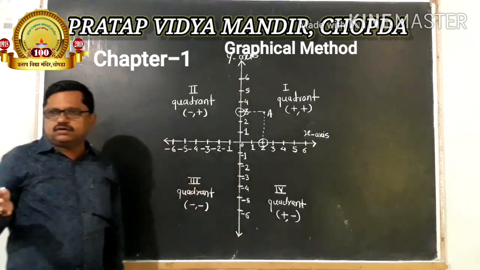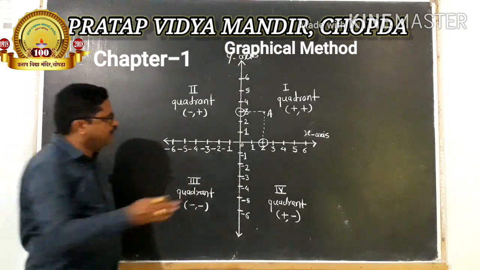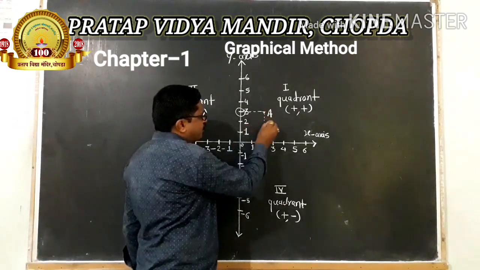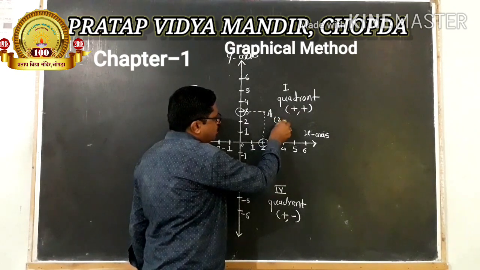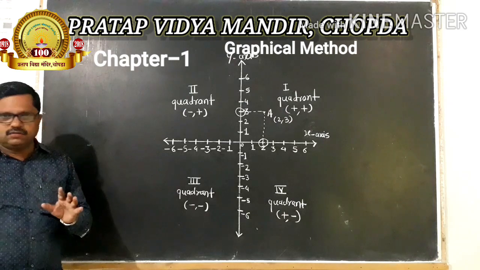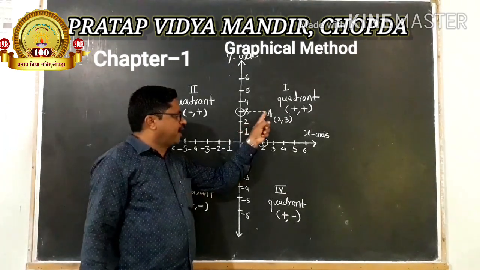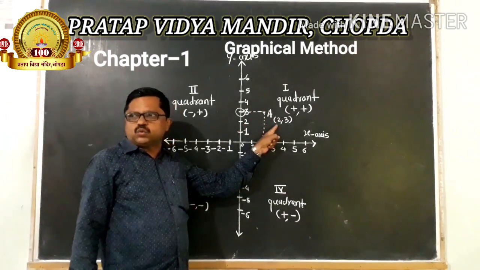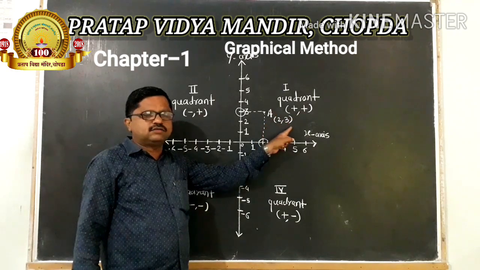What is the x coordinate? What is the y coordinate? For this particular point A, the coordinates are 2, 3. Means for point A, the x coordinate is 2 and the y coordinate is 3.